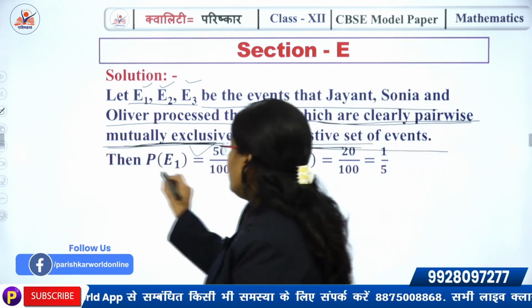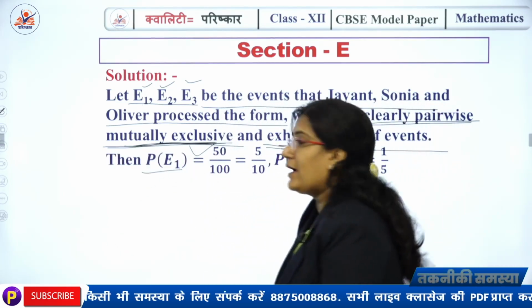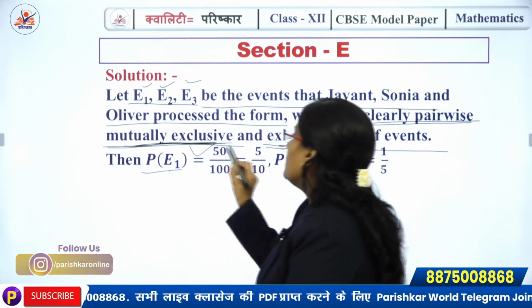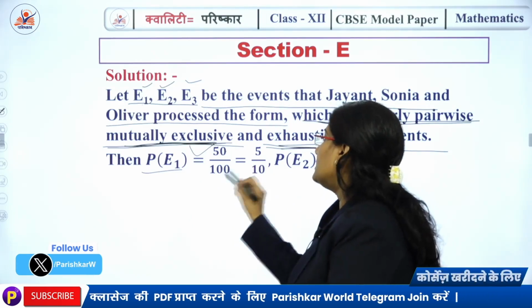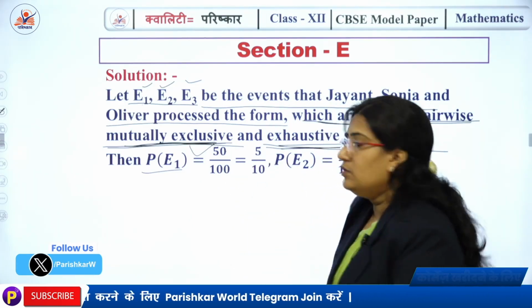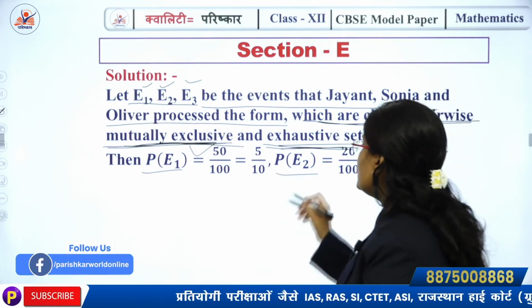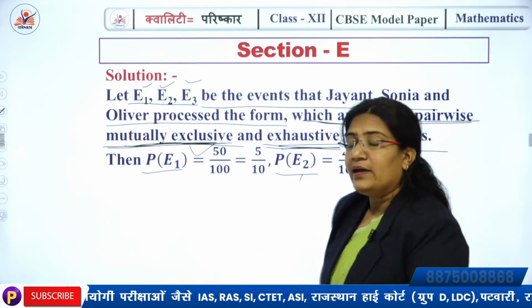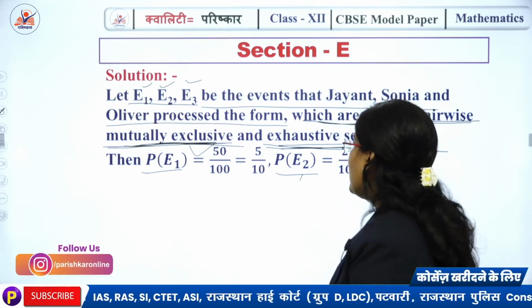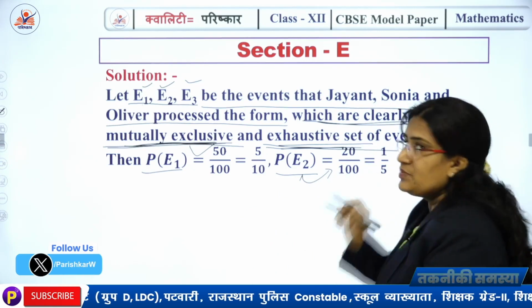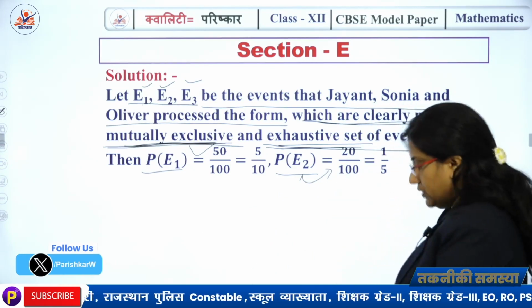Now probability of the event that forms are processed by Jayant, E1, is given by 50%, that means 50 upon 100, that means 5 upon 10. Probability of E2, what is E2? E2 is the event forms processed by Sonia, which is given as 20%. 20% means 20 upon 100, that means 1 upon 5.